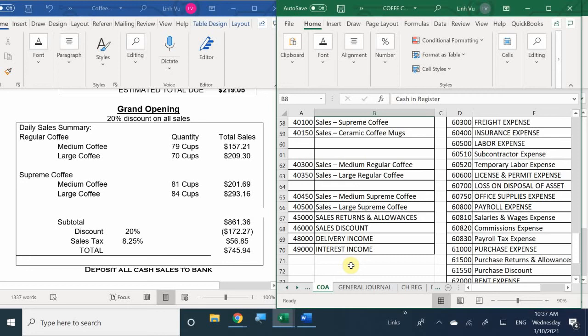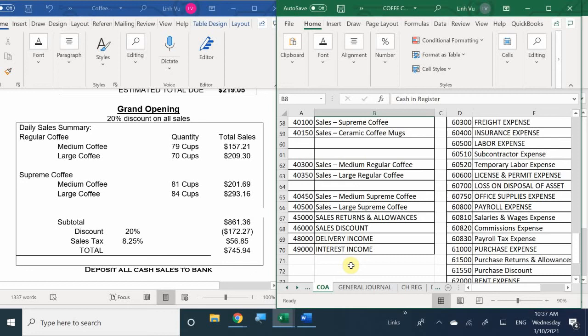However, this is how you do accounting, because the more specific you are, and we'll talk about this in QuickBooks as well, the more you can keep track of specific items that you sell. In this case, I sell medium-sized regular coffee, and I also sell large-sized regular coffee, so I have two different selling prices.